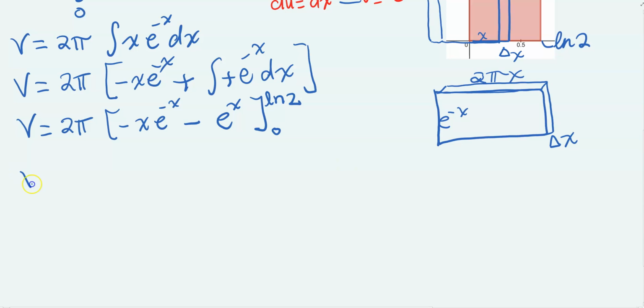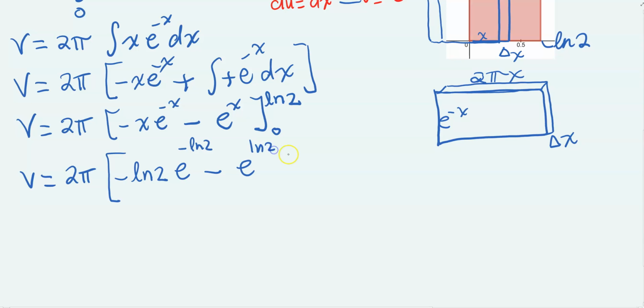2 pi in the front here, right? And when I plug in ln of 2, I have negative ln of 2 multiplied by e to the negative ln of 2 minus e to the negative ln of 2.